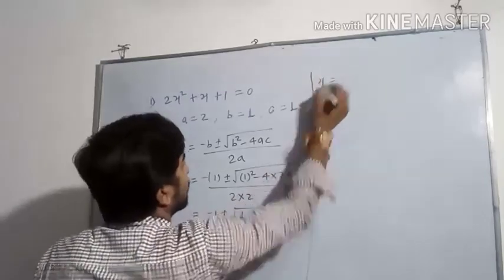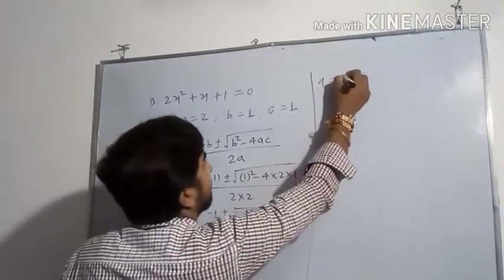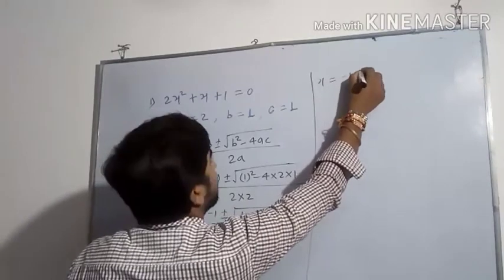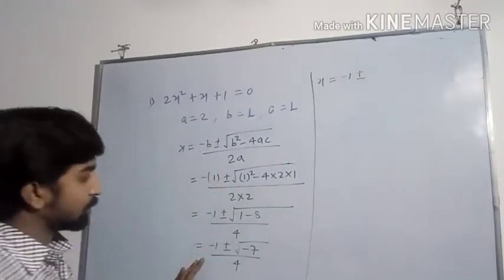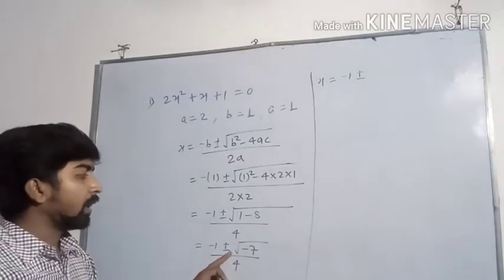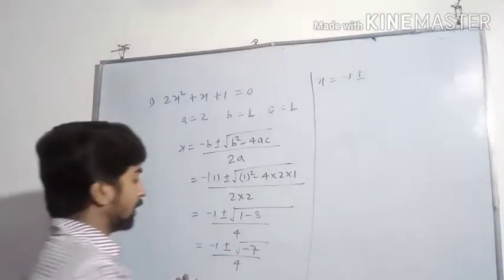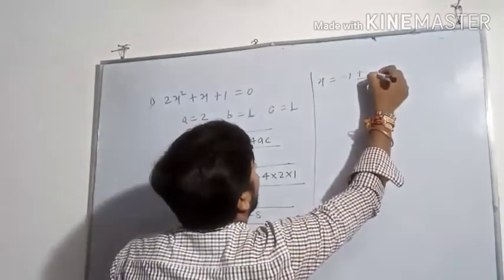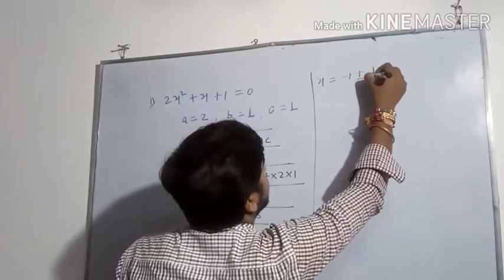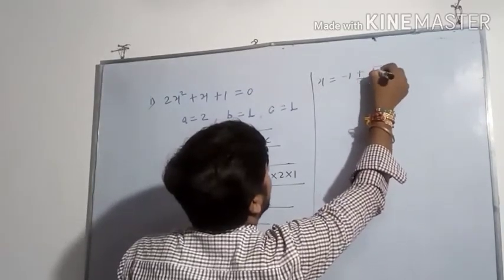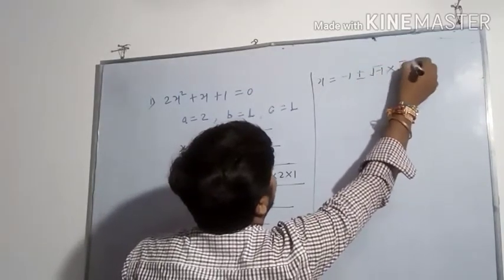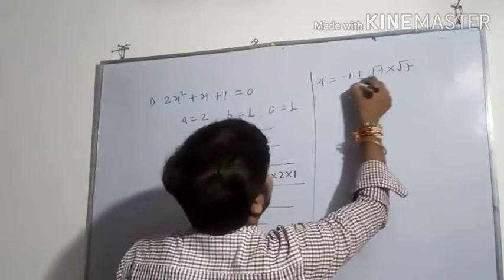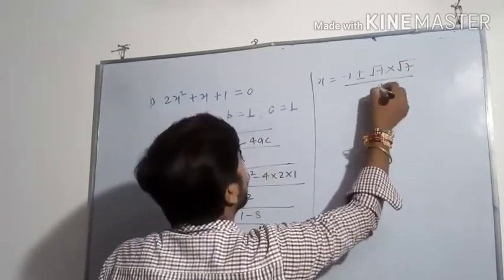X equals minus 1 plus minus, students, here under root minus 7 we can write as under root minus 1 into under root 7, by 4.